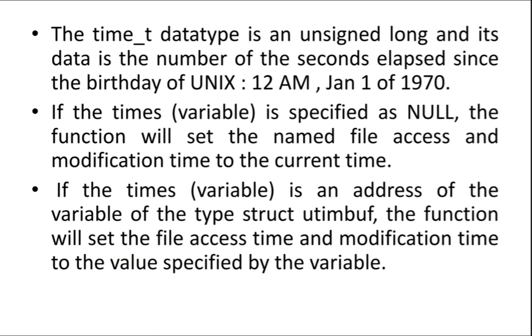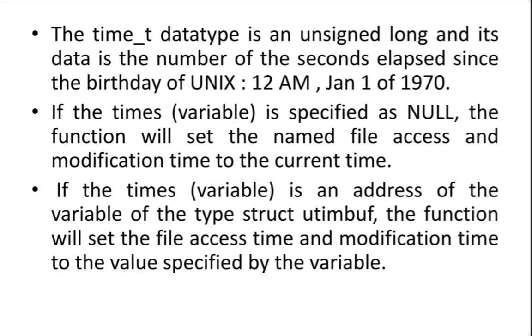The time underscore t data type is an unsigned long, and its data is the number of seconds elapsed since the birth of Unix, that is 12 am, Jan 1 of 1970. So time underscore t contains the number of seconds elapsed since Unix was introduced.